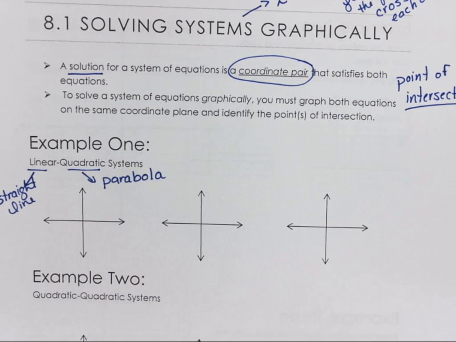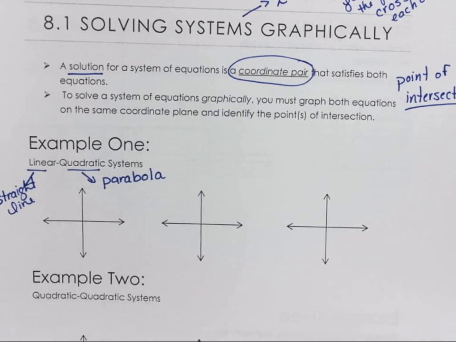So you can have quadratic systems or linear quadratic systems. For this unit, the basic skills you need are to be able to graph a straight line and to graph a parabola. Then you see where they cross, and that's the chapter 8 component of it.